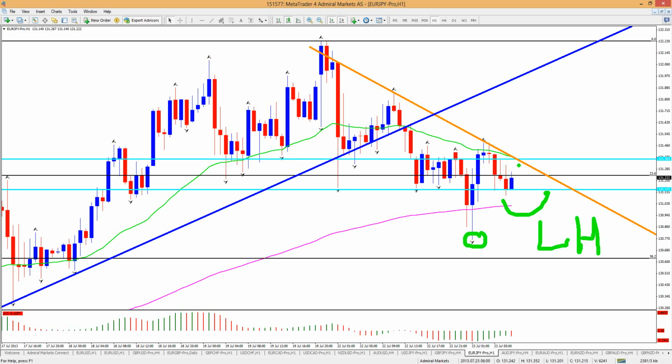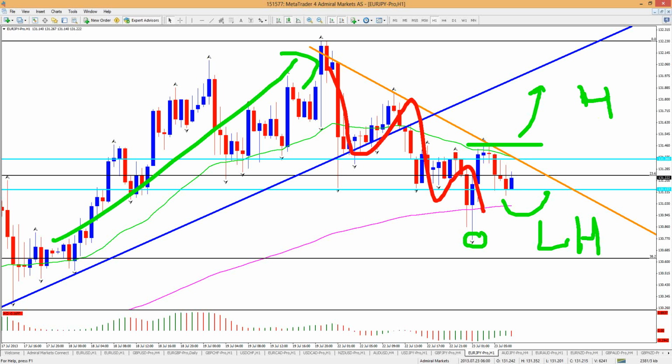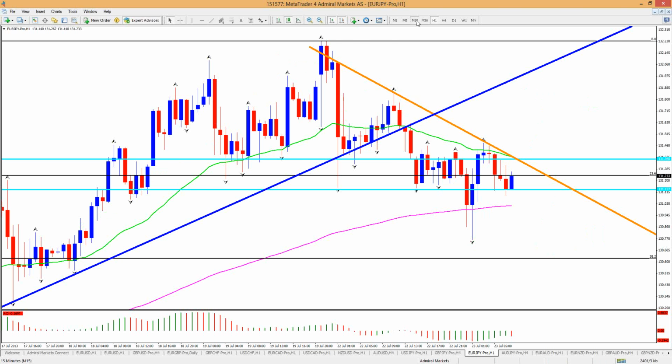And if we break that orange line and this top, then we have a higher high as well, and we're breaking to the upside as a continuation of this previous upside. And then this downside correction is most likely toast, and we're continuing to the upside. So I like that trend line. I like that break if it were to happen to the upside. I think that could be a great trade. Let's take a look if that could happen right now.